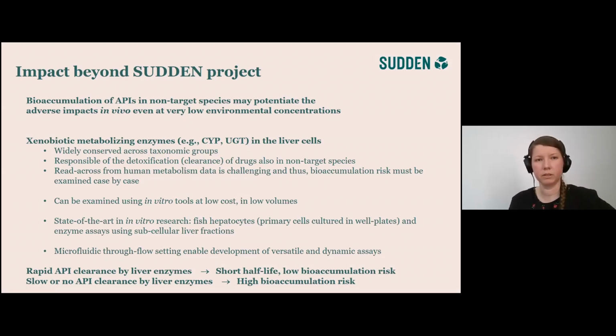And we know that the xenobiotic metabolism and the enzymes that are responsible for drug metabolism in humans are widely conserved in different species and across taxonomic groups. So the same enzymes are also found in non-target species. However, the read-across from human data is not straightforward because the enzyme kinetics are different and substrate specificities can be different between the species.